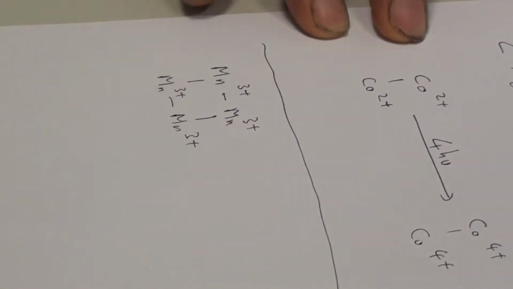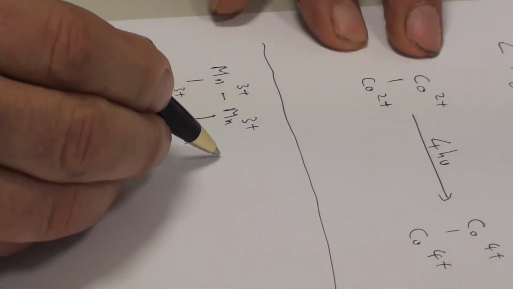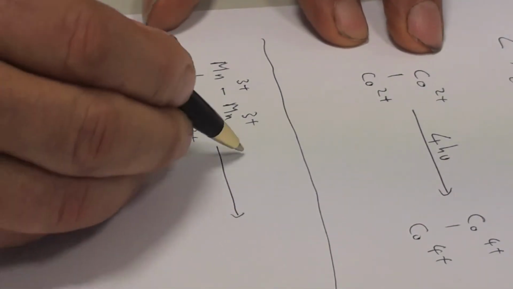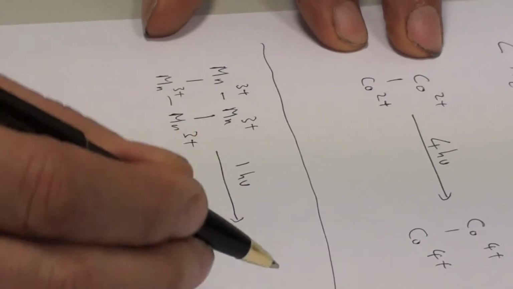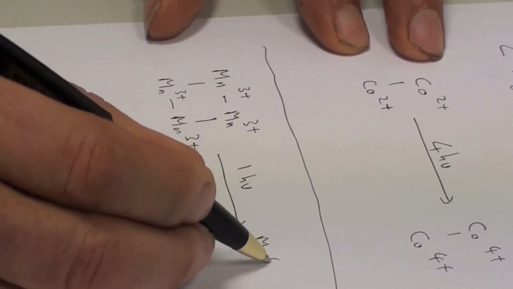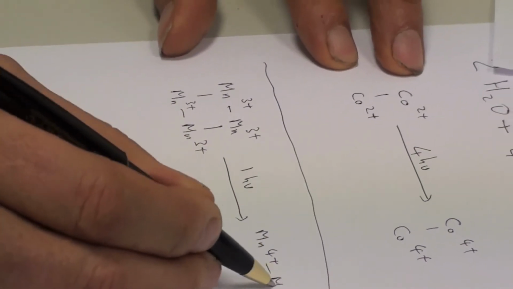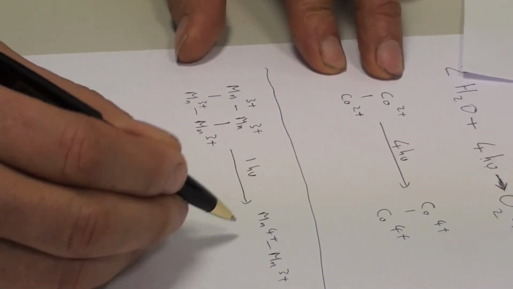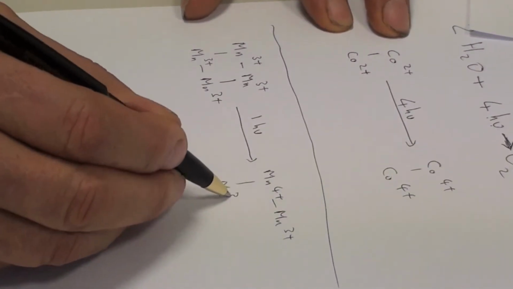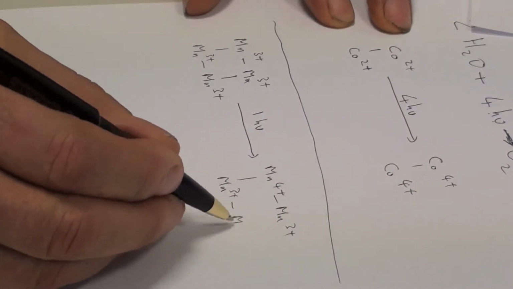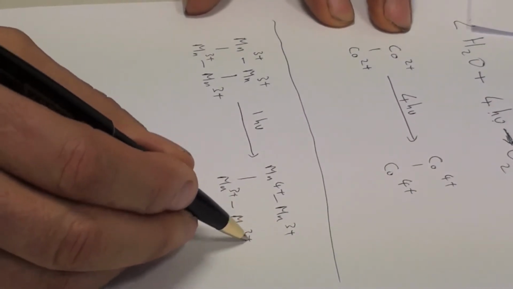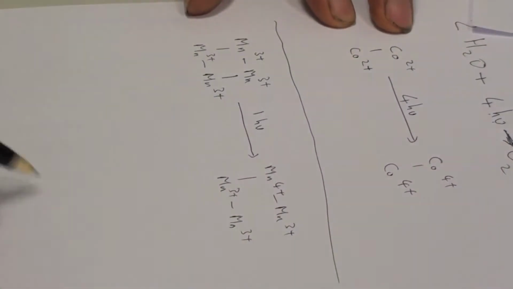So here's a starting point. Then 1 photon comes along, and you get manganese 4+, manganese 3+, manganese 3+, manganese 3+, right? And then another photon, and then another photon.